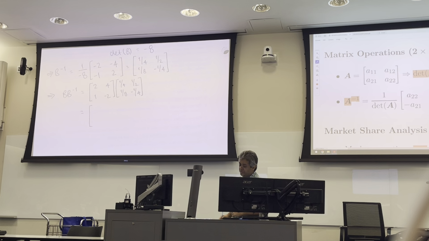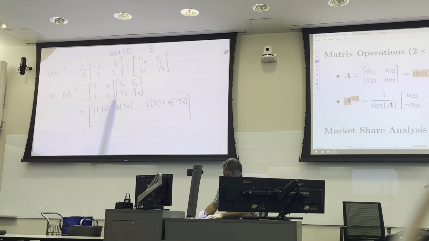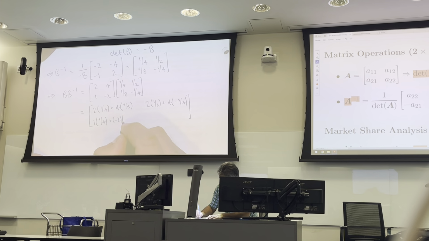All right. Remember your matrix multiplication. First row, first column. 2 times 1/4 plus 4 times 1/8. First row, second column. 2 times 1/2 plus 4 times -1/4. Second row, first column. 1 times 1/4 plus -2 times 1/8.